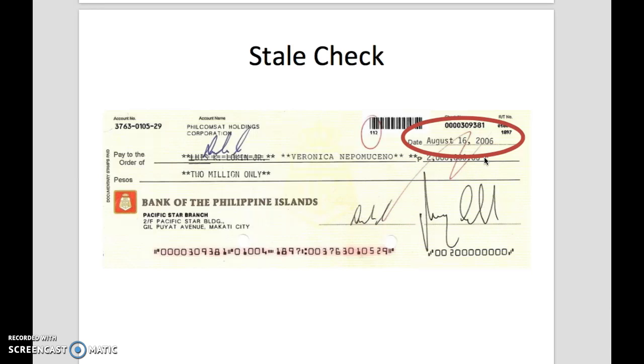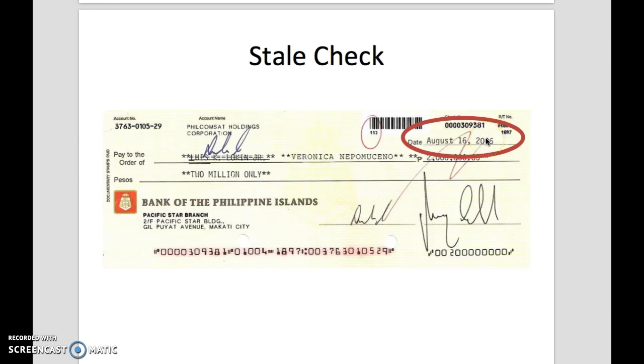Now, what do I do if this happens? If this happens, what I could do is go to the payor. So let's name this person Juan de la Cruz, and tell Juan that I was not able to encash the check or convert it to cash. And so right now, what I have is a stale check. Can you please write a fresh check for me with a new date in it?